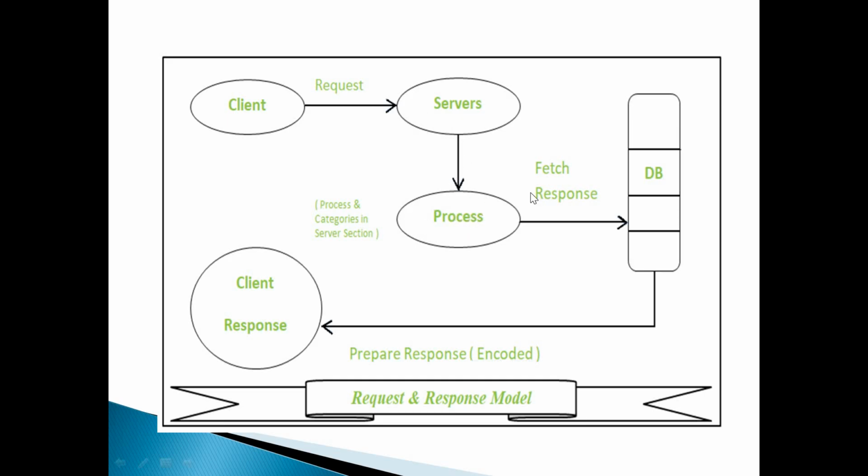The server fetches the data from the database, gets the information and returns it to the client with the response. Both the request and the response are in the encoded format in the request and response model.